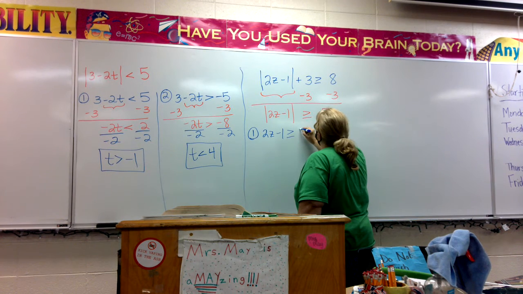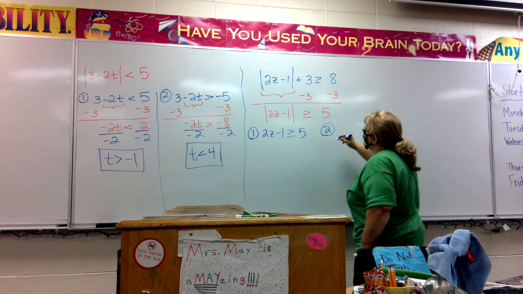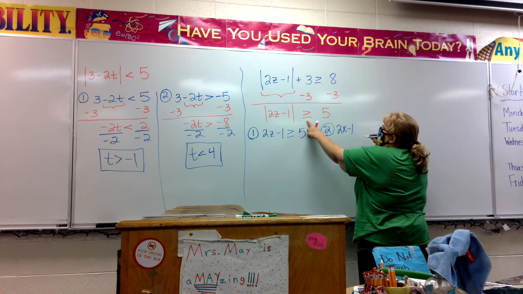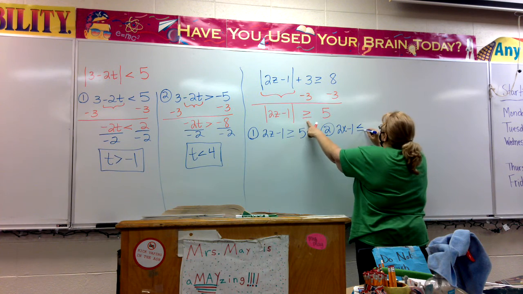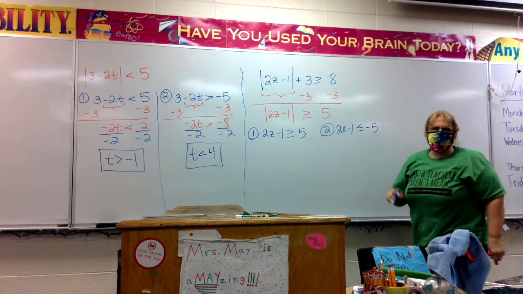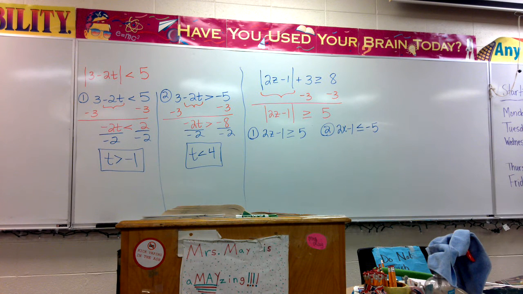First, just like it is there, just take off the absolute value: 2z minus 1 greater than or equal to 5. Second, flip the inequality, so make it less than or equal to -5. Flip the inequality, change the sign. And now you're just going to solve it.